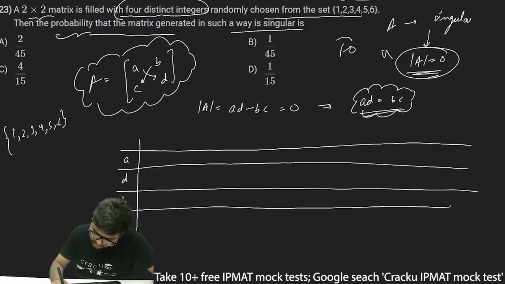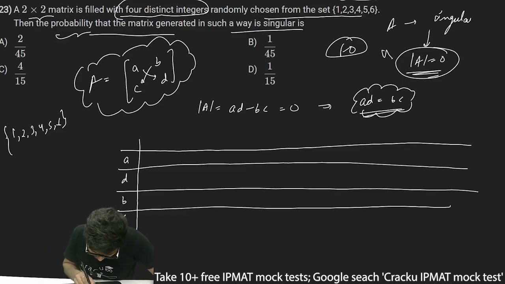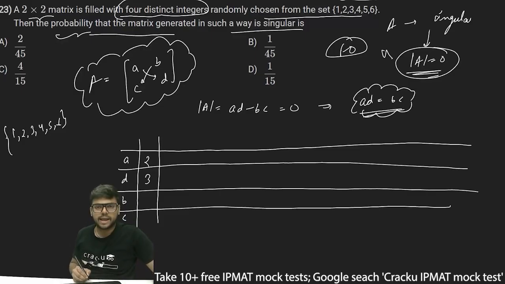So favorable outcomes will be all values of A, B, C, D such that A into D should be equal to B into C. If I put A is equal to 2 and D is equal to 3, I can take B as 1 and C as 6. So 2 into 3 is 6 and 1 into 6 is again 6. So this is one possible case.